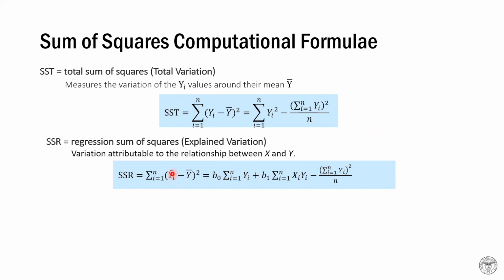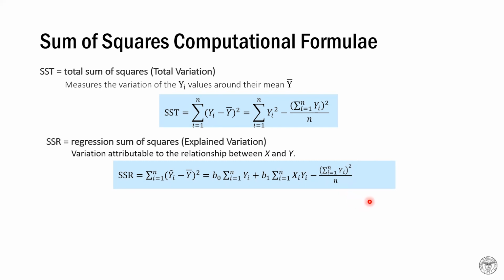SSR is equal to the summation from i equal to 1 to n of (y sub i hat minus y bar) squared, which is also equal to b sub 0 times summation i equal to 1 to n of y sub i plus b sub 1 times summation from i equal to 1 to n of x sub i times y sub i minus (summation i equal to 1 to n of y sub i) squared over n.